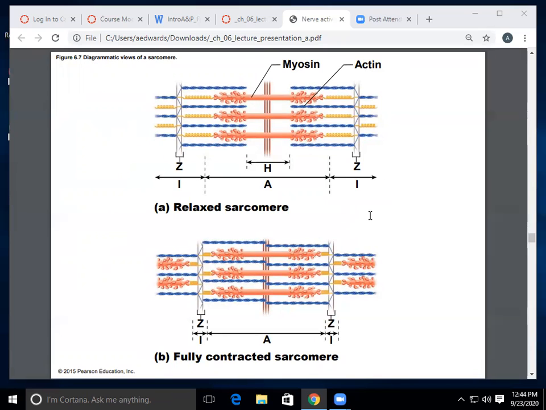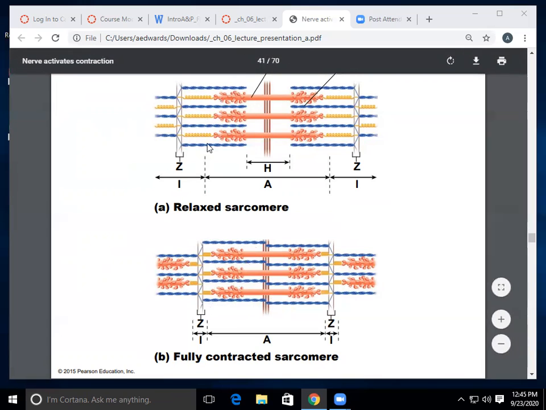And you can tell it's in a relaxed state because you have a large H zone, okay? Area where you just see thick filaments. So when a muscle cell is fully contracted, you have a very small or almost non-existent H zone, okay? Because the thin filaments have slid toward the middle of the sarcomere.